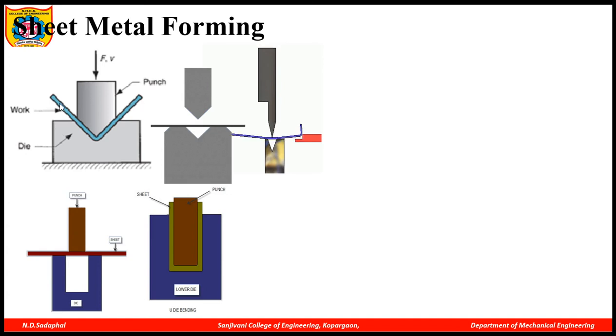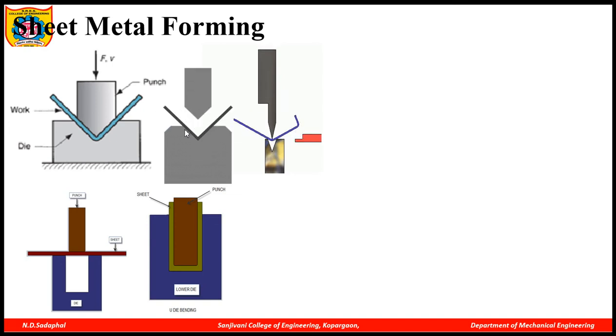The first operation is bending. You can see in the first figure two dies are shown, a lower die and an upper die. The workpiece is placed on the lower die. The lower die has a certain cavity, and the same conical shape is given to the upper die, and just by application of force by the upper die the workpiece is deformed into the required shape.